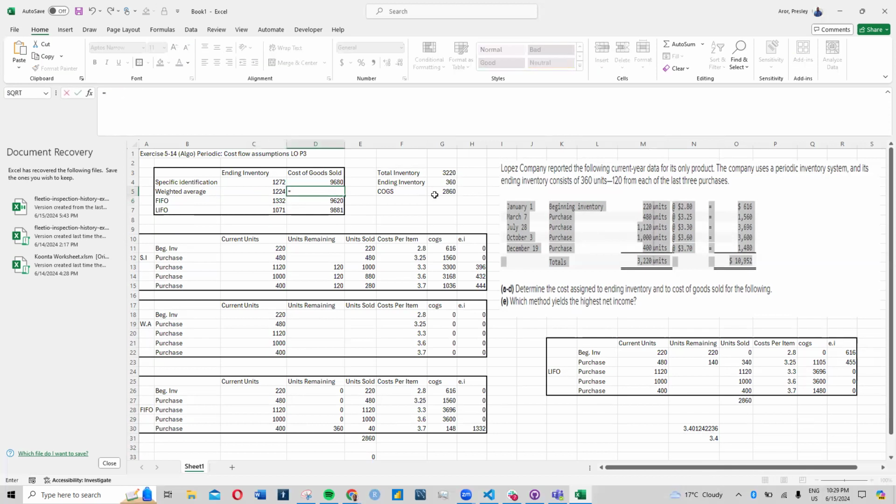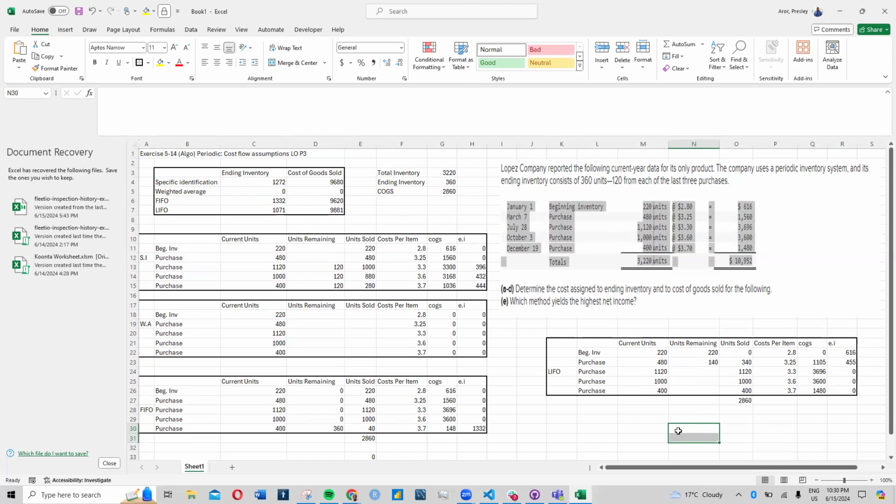And then for cost of goods sold, you take the cost of goods sold right here times the same price, which I just rounded, and you get 972. Let me take the full number without rounding it. Yeah, that makes sense.